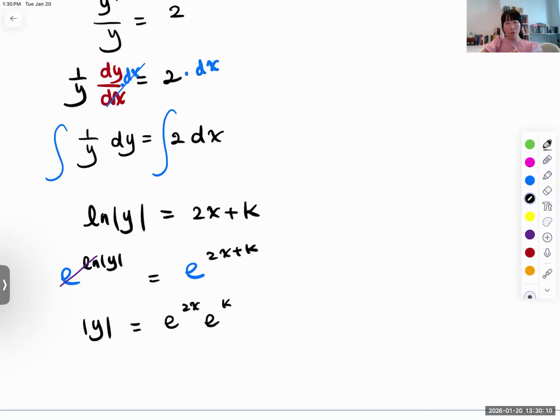We knew that, right? All right, then look, we can say that this is a c. That's why I did not use c earlier. So this will be e to the 2x times c, where c equal to e to the k. Make sense to you?